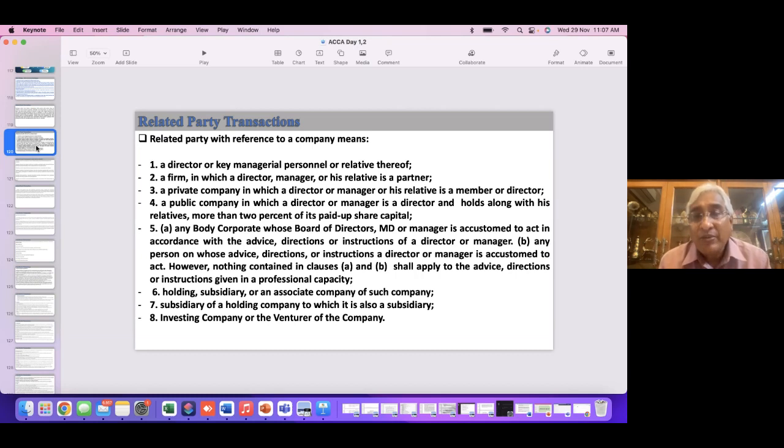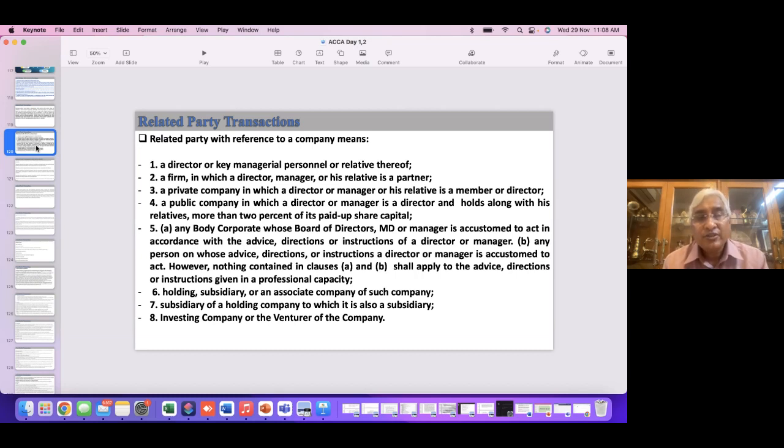So that is the primary objective of disclosures and approvals of the related party transactions. A private company in which a director or manager or his relative is a member or director. A public company in which a director or manager is a director and holds along with his relatives more than 2% of its paid up share capital.